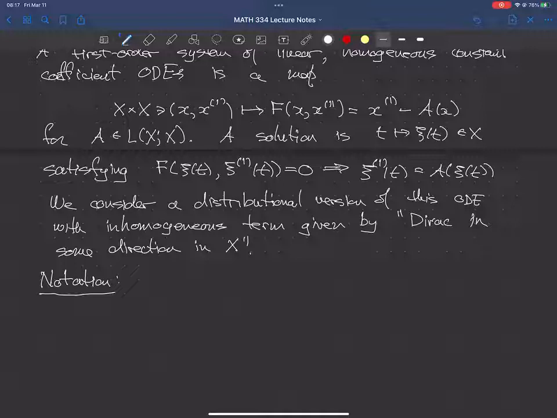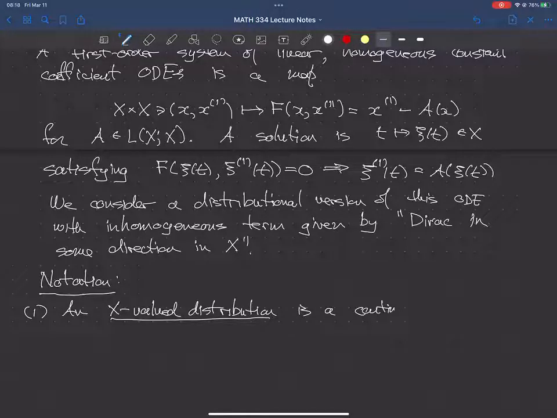Okay, so first, an X valued distribution is a continuous linear mapping, just like a distribution is.